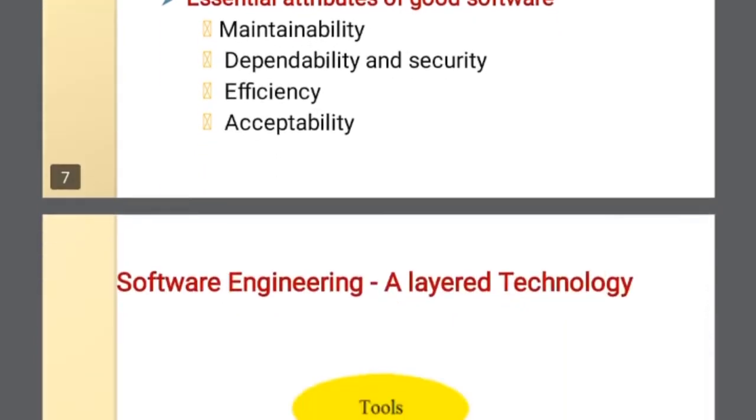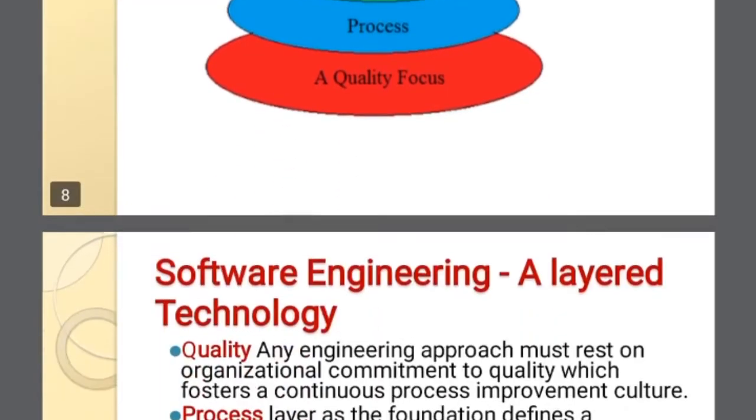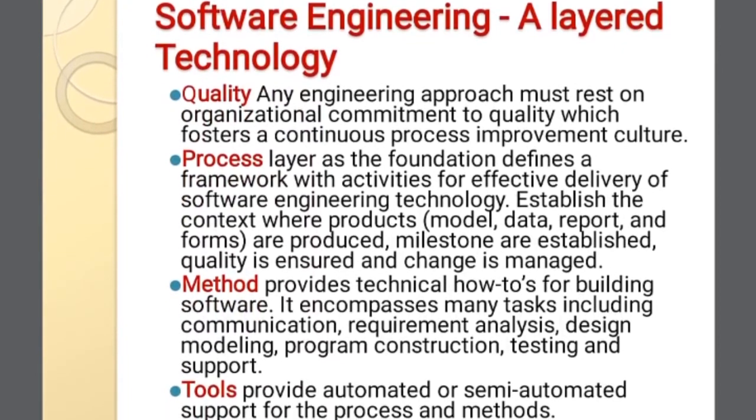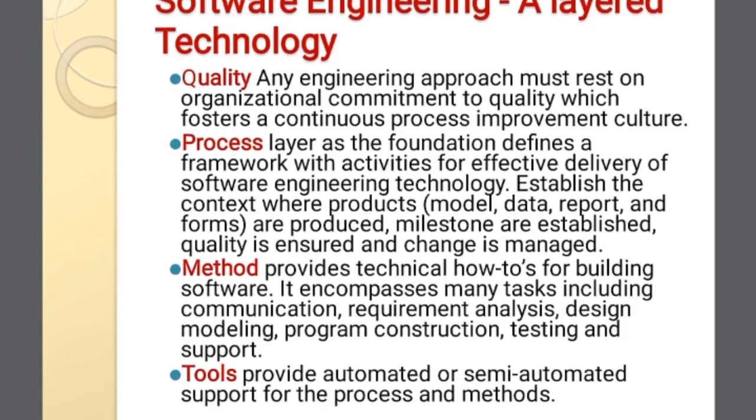The process layer defines a framework with activities for effective delivery of software engineering technology, which means whatever products are produced, you must see that their milestones are established, quality is ensured, and finally change is able to be managed. Methods provide how to build the software. It involves tasks like communication, requirement analysis, design modeling, program construction, testing, and support. And finally, tools provide automated or semi-automated support for process and methods.